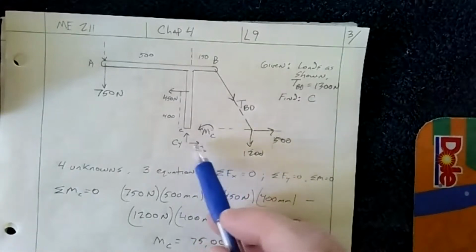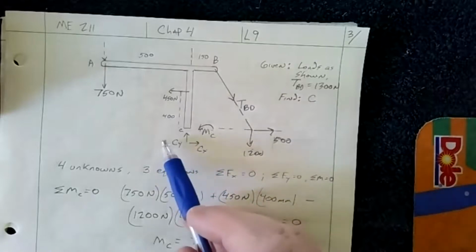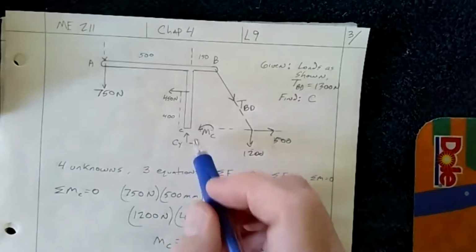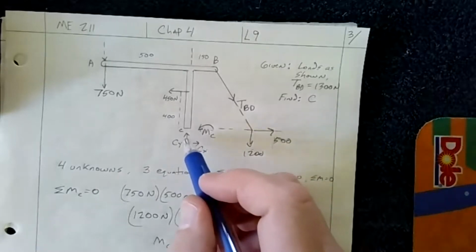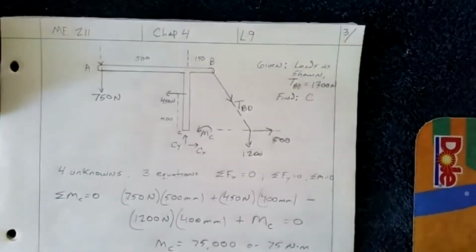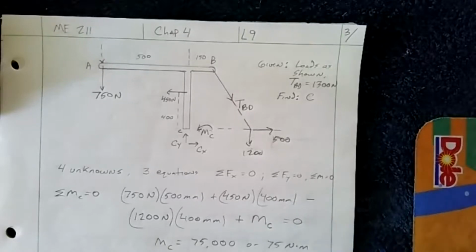Now you can guess whatever you want here as long as you indicate it. You could draw Cy going down, Cx going left, moment being negative. As long as you indicate it, it doesn't matter. And once you solve the problem, that will then determine which direction those moments and forces are in. And don't go back after you're done with the free body diagram and change them.